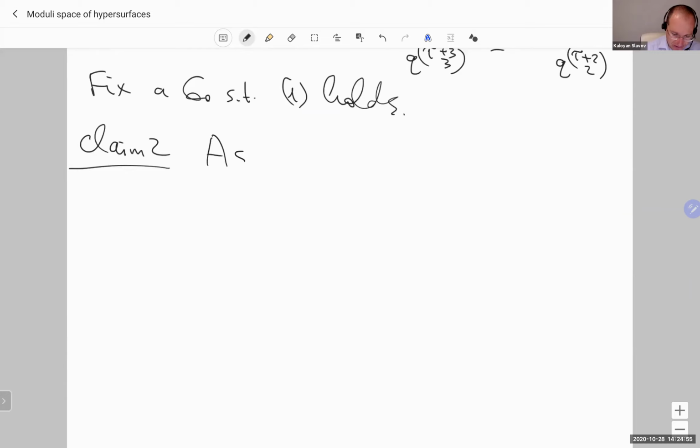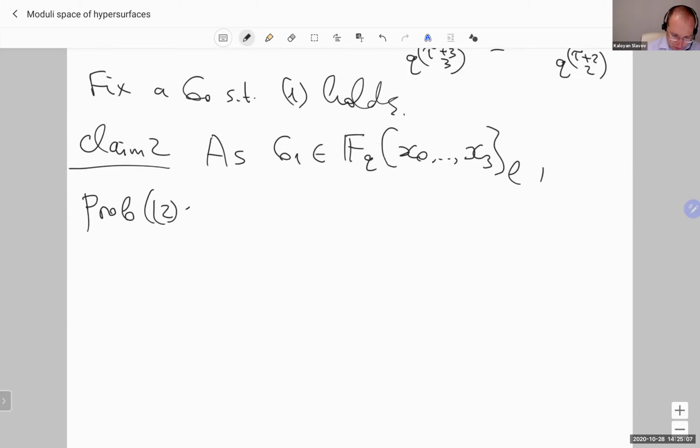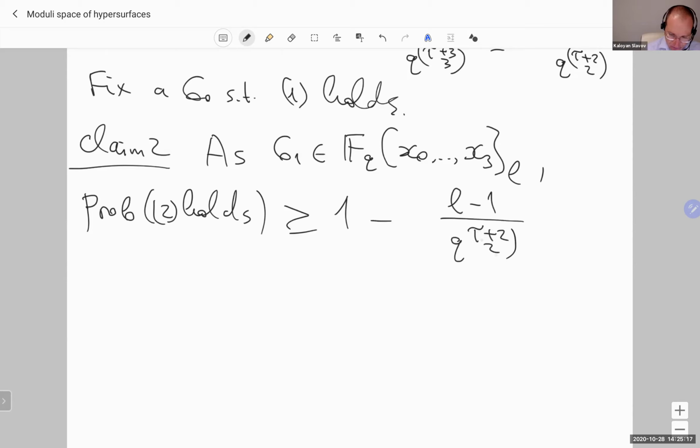As g1 is chosen uniformly at random in Fq[x0,...,x3], homogeneous of degree L, the probability that 2 holds is greater than or equal to 1 minus (L minus 1) divided by q to the (tau plus 2 choose 2). We'll get to this bound, we'll prove it.